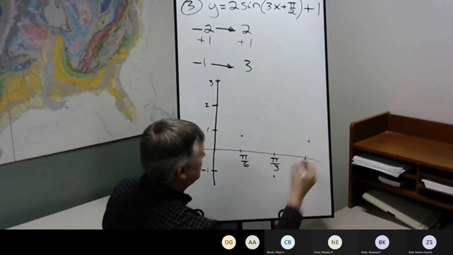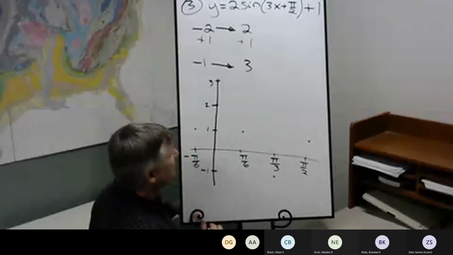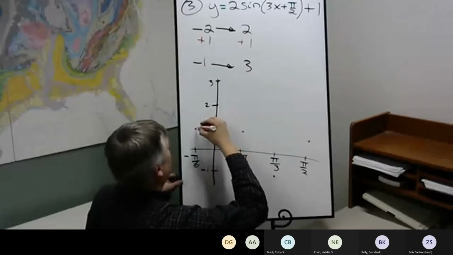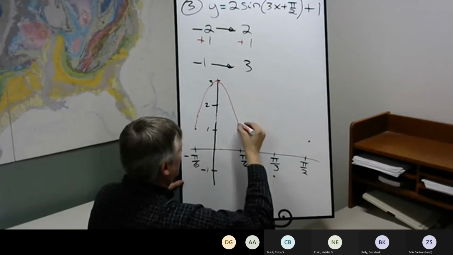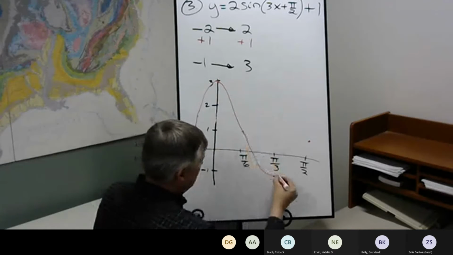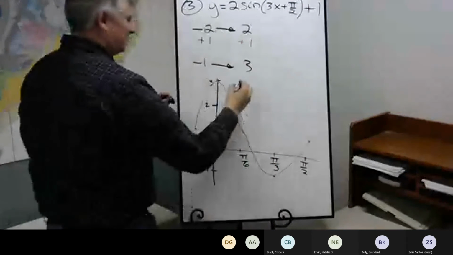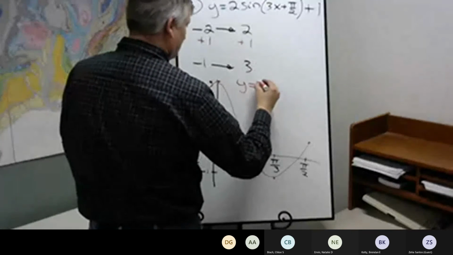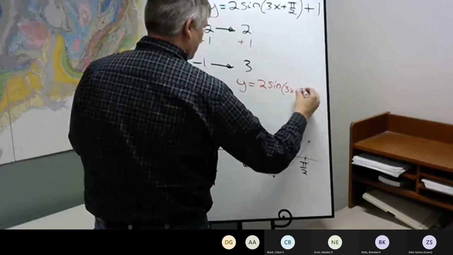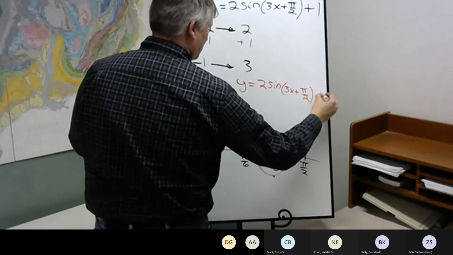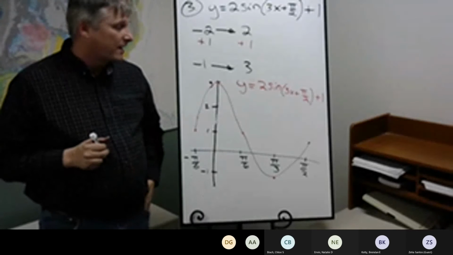That's going to return to y = 1 at pi/2. Like so. And so that's going to be your final graph.